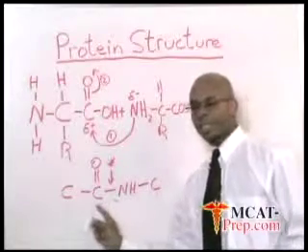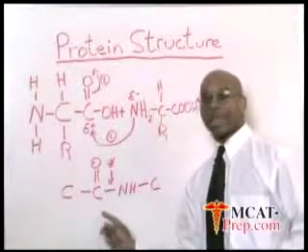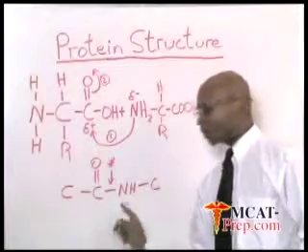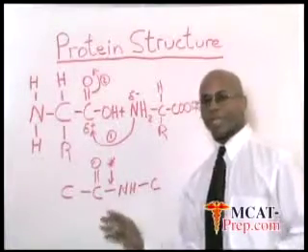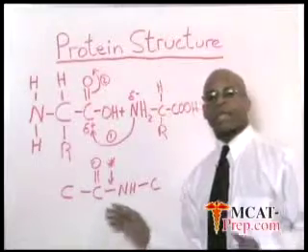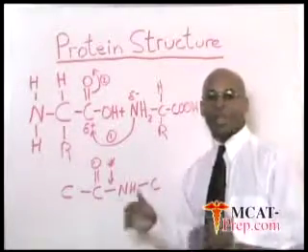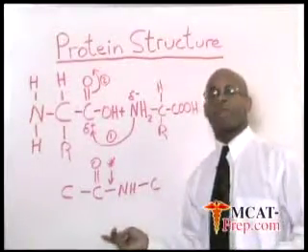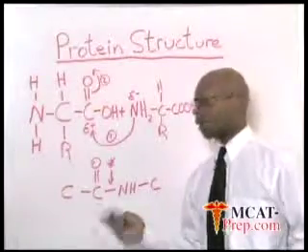When you look at this, this is an amide. Remember, nitrogen bonded to the carbonyl group. So this is an amide, so this is called an amide bond. In this context of making a protein, it is also called a peptide bond.